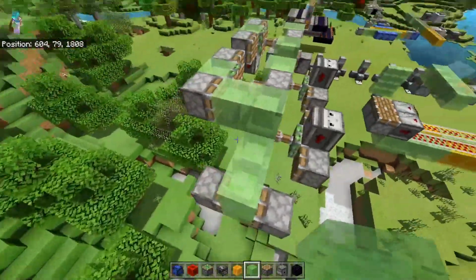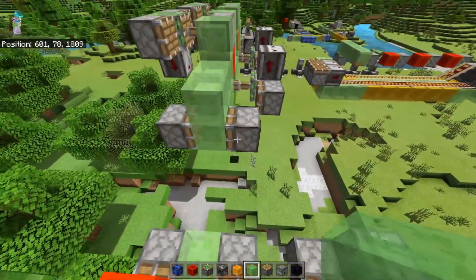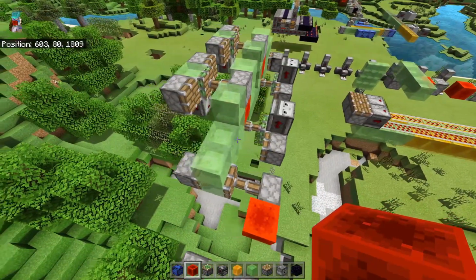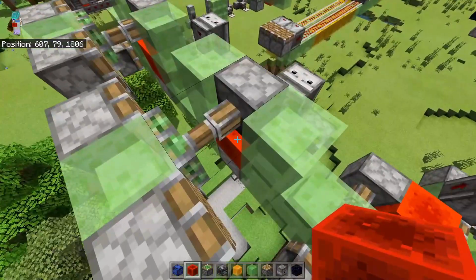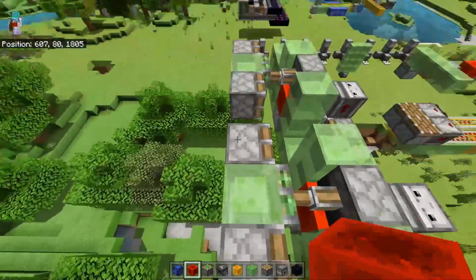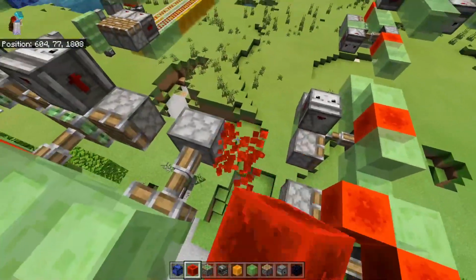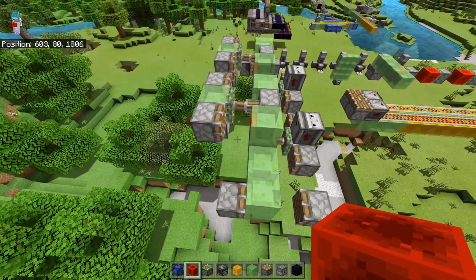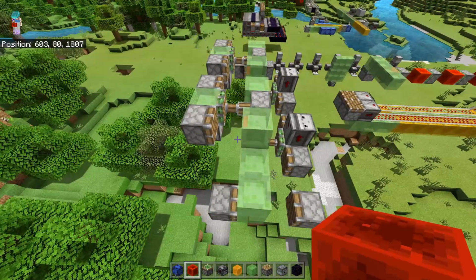And I'll demonstrate that now. And then, of course, once it has finished, the sticky piston will extend, pushing this structure out. And then, of course, it is the opposite when going back.